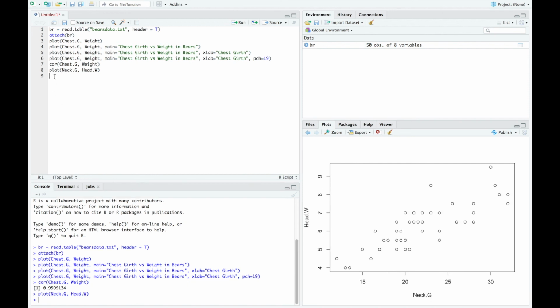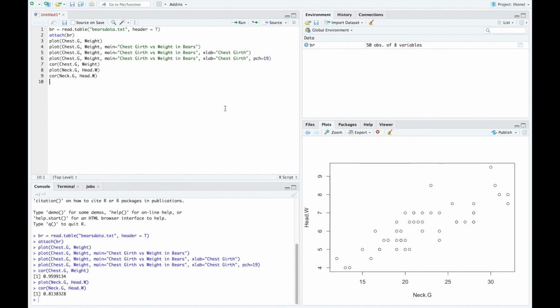If I look at the scatter plot for the neck girth versus the head weight, we can see this graph right here. And when I find this correlation, I can see it's 0.8138. So it's a weaker correlation, but still fairly strong, still very close to 1. And so this can give us a lot of information. This correlation coefficient tells us whether it's positive or negative, as well as exactly how strong of a correlation it is.